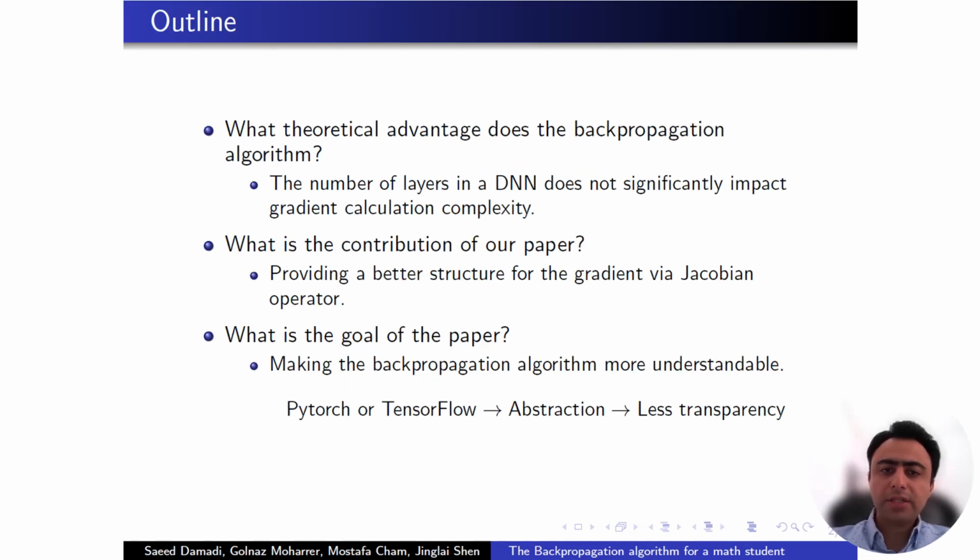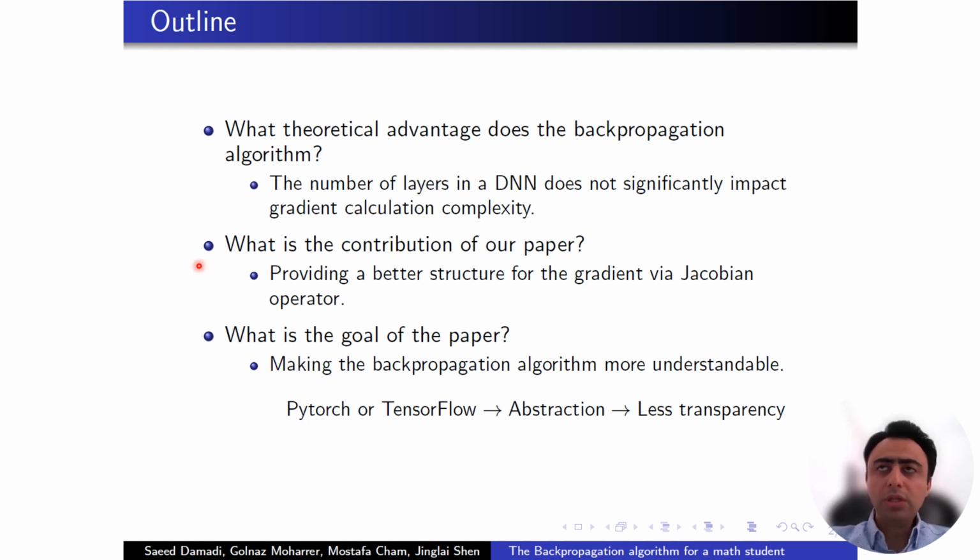Backpropagation is the fundamental algorithm for training every supervised neural network, and it is very useful because every algorithm uses it. The theoretical advantage of backpropagation is that the complexity of calculating the gradient does not increase with the number of layers.